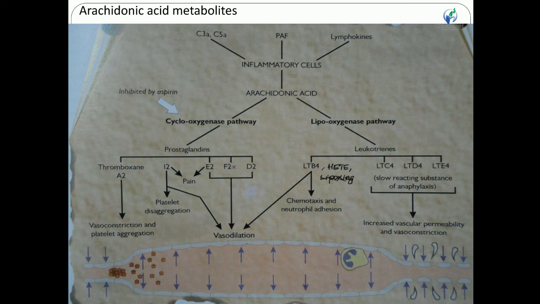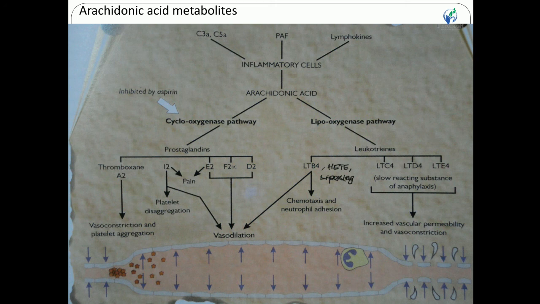Here we can include interferon gamma, and certain other chemokines like MCP, right? Next we can consider free radicals, which can be oxygen metabolites or nitric oxide. So this is all about the cell derived mediators.